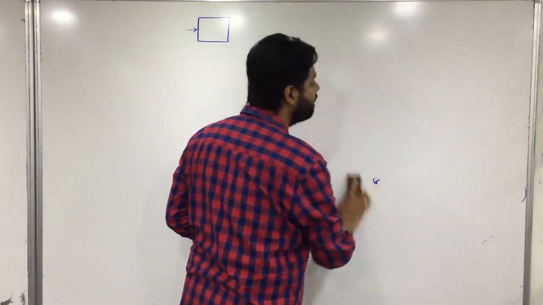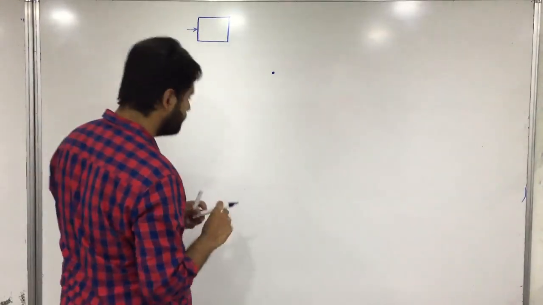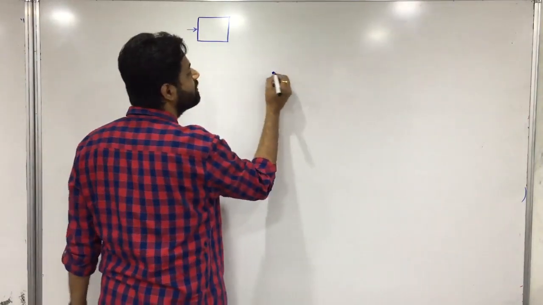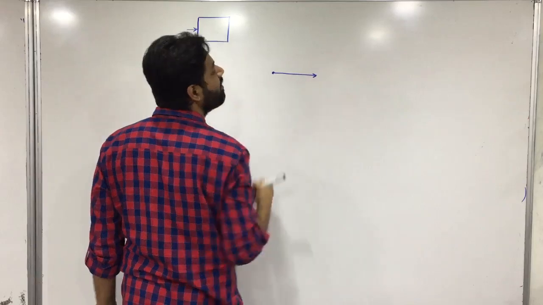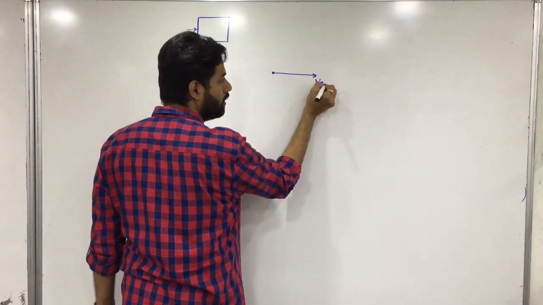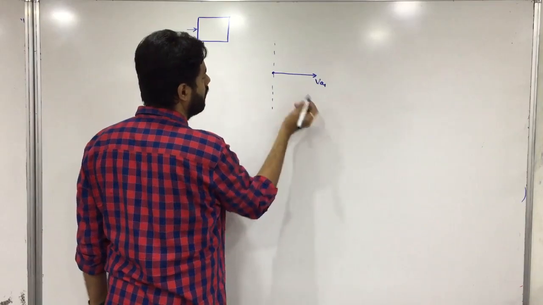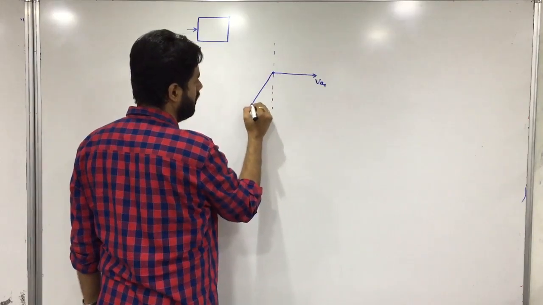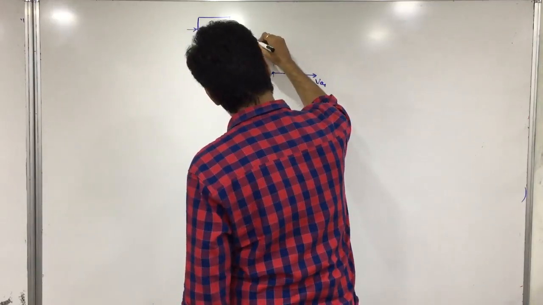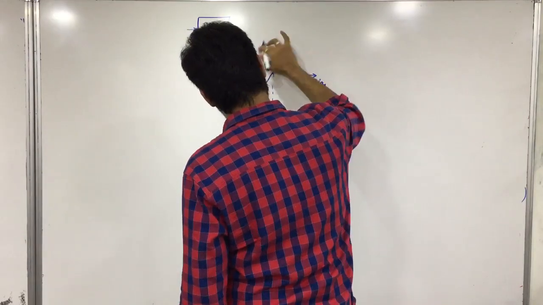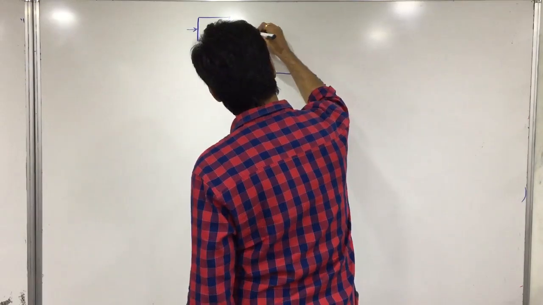So now let's deal with the first thing that I have got. It is like this. I have got VA1, VB1, and VC1.